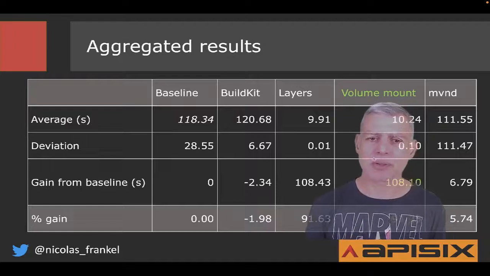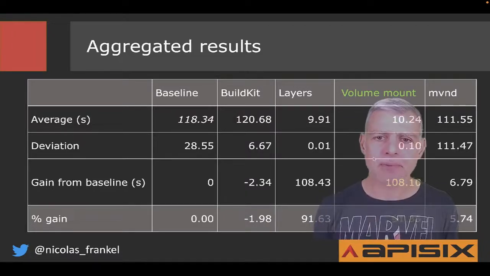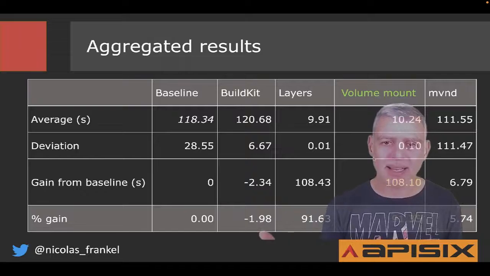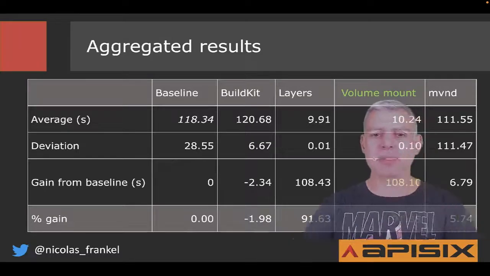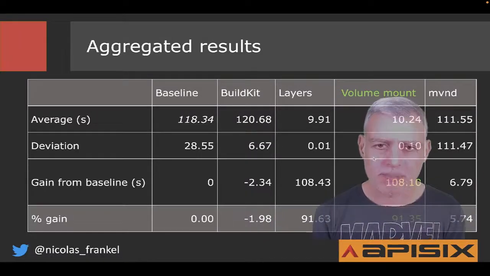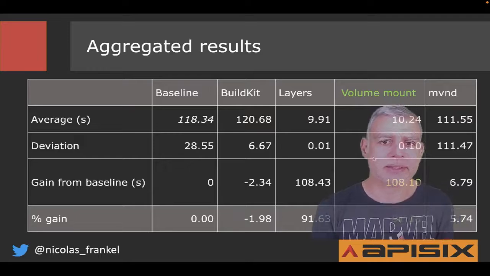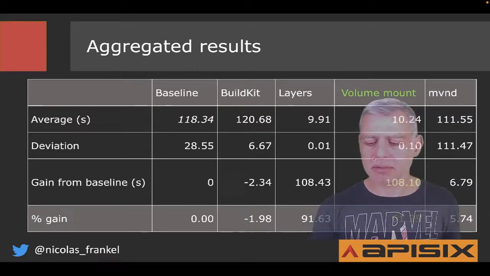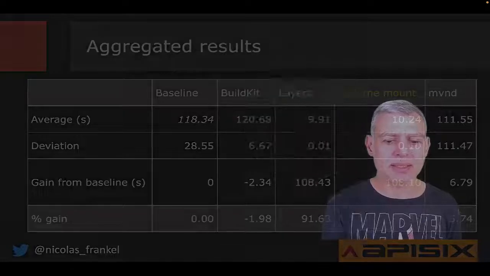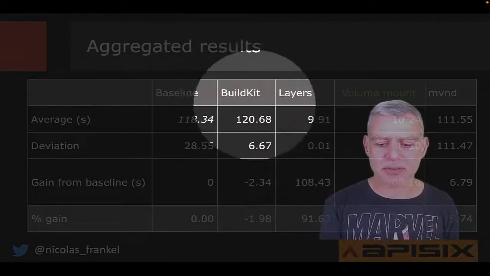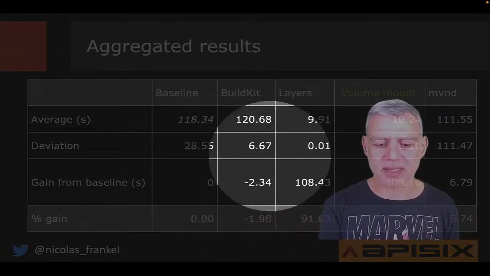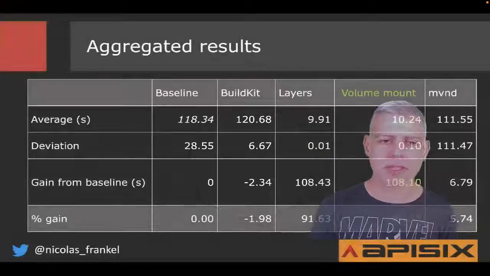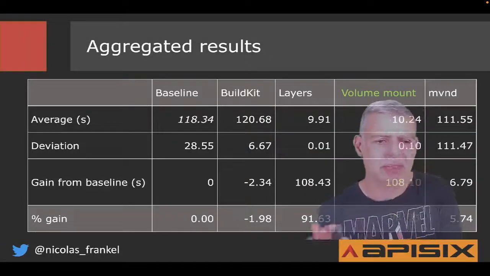And it doesn't work that well, probably because the reason that MVND is so great outside of Docker is that it keeps the JVM warm, and in that case, it's not possible. Here, you might see that Buildkit itself has not that great a result compared to the baseline. I assume it's probably not relevant. It should be close to 0.